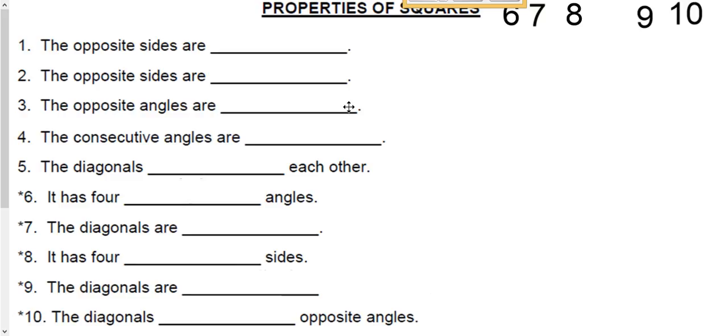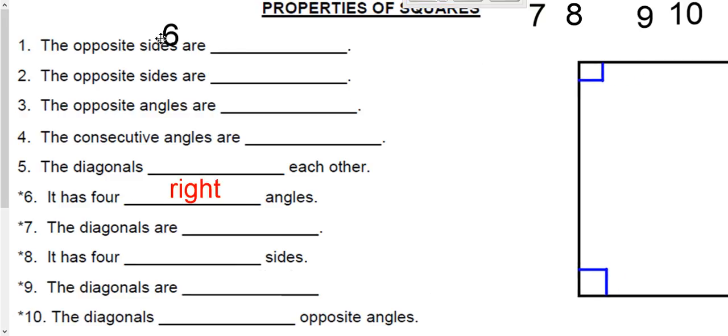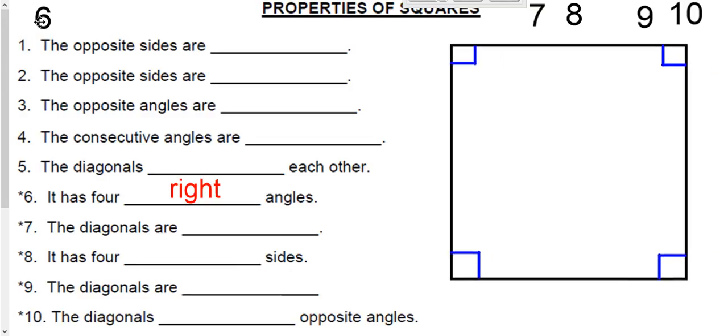So we'll look at 6. Number 6 says, along with its description, it has 4 right angles. So in your foldable, you're going to write number 6. A square has 4 right angles, and draw your little picture of it. Number 7, the diagonals are what?